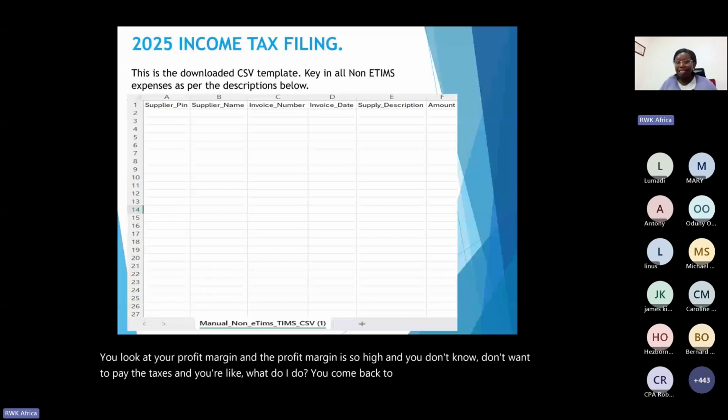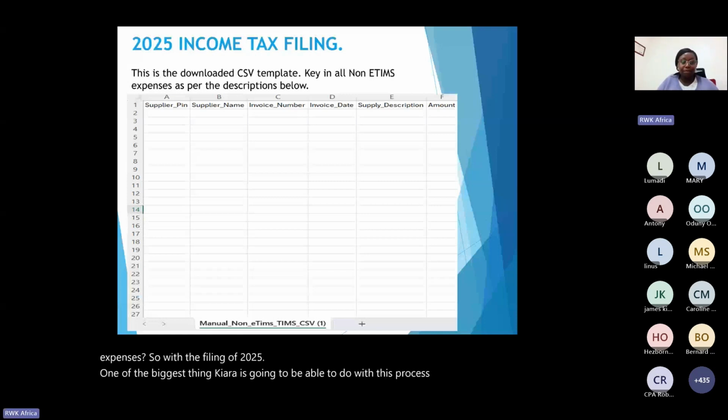You don't have any receipt. This is where now the problem comes in. How will you justify those expenses? So with the filing of 2025, one of the biggest things KRA is going to be able to do with this process is eliminate fake expenditure. Because that expenditure, you have to put it here.